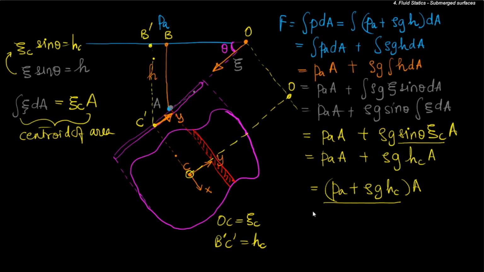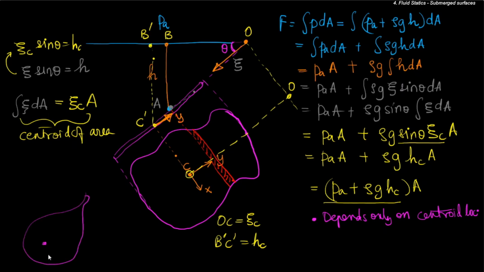Interestingly, the force acting on this particular irregularly shaped object depends only on the location of the centroid. So the shape of the body is sort of encoded into the location of the centroid. If the shape of the body is bottom heavy, then the centroid is naturally going to be at a bottom location.